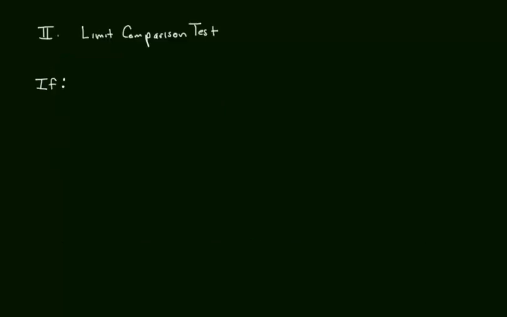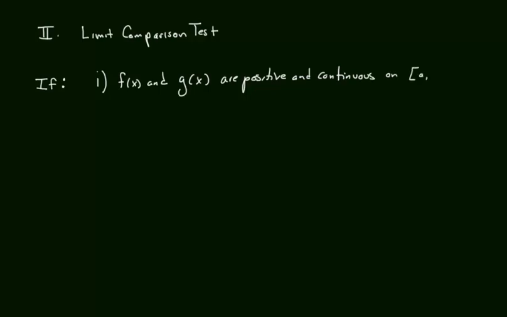Next, we're going to look at the limit comparison test. This limit comparison test hypothesis starts off very similar to the direct comparison test. Number 1, some functions f of x and g of x are positive and continuous on some interval a to infinity.